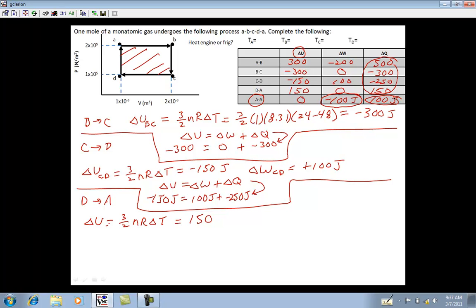So here's what I want you guys to do. The big picture is this: the 100 joules of heat in, let's write this down, 100 joules of heat in became what?